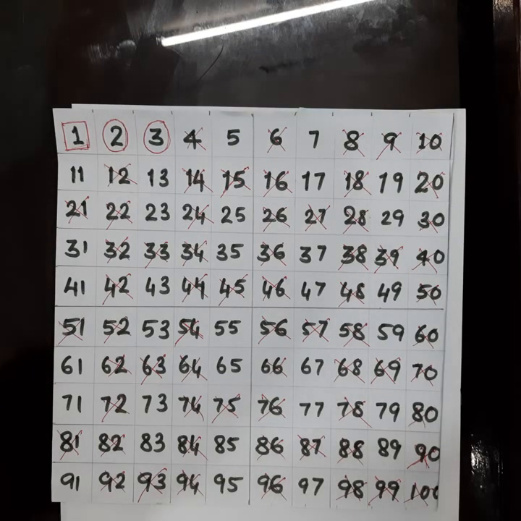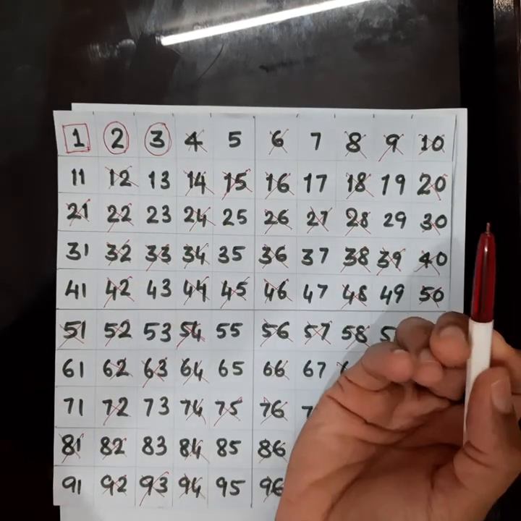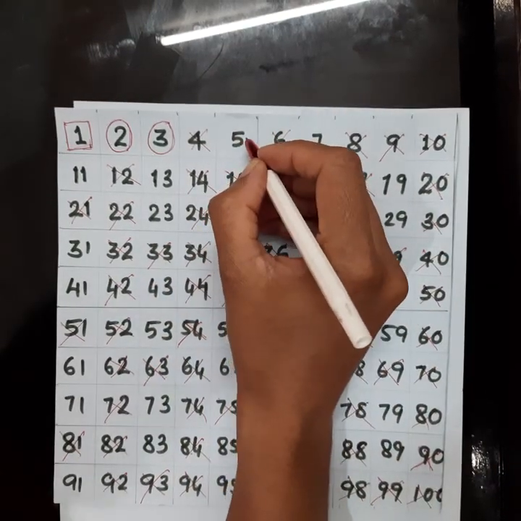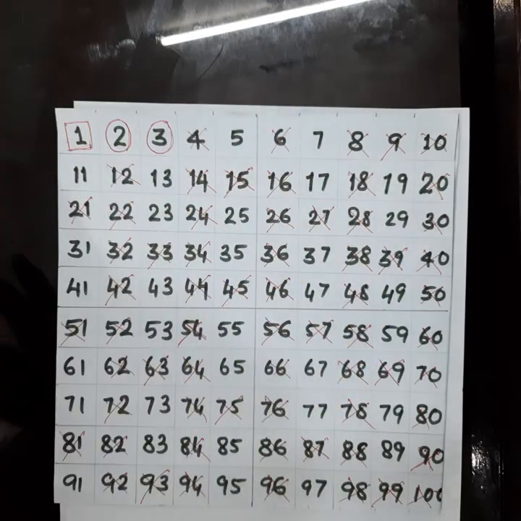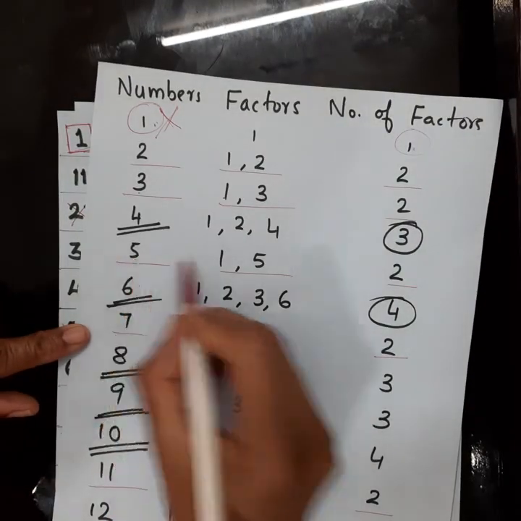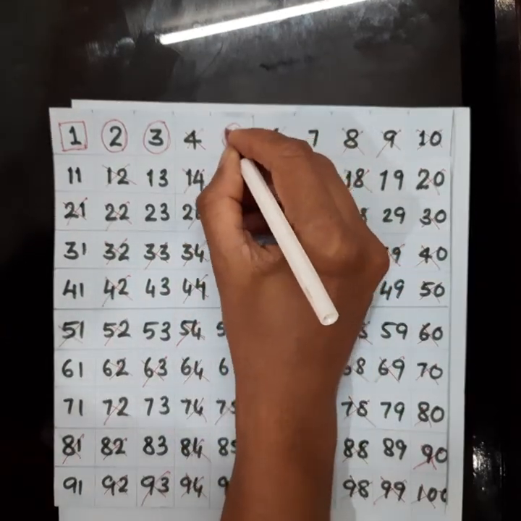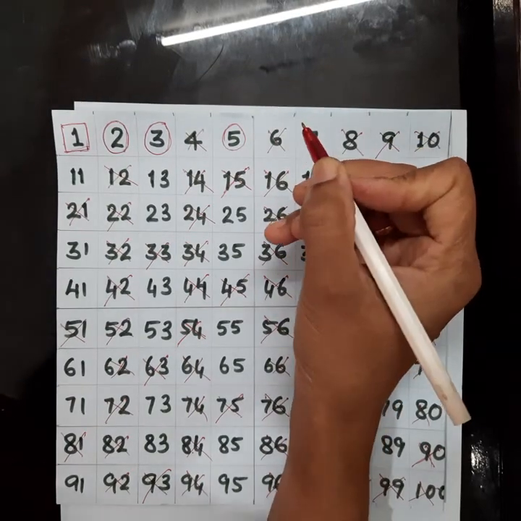Now, 4 is already crossed. Next is 5. 5 is a prime number because it has only 2 factors, so we will circle 5. Now what is the next step? Do you understand now what to do?